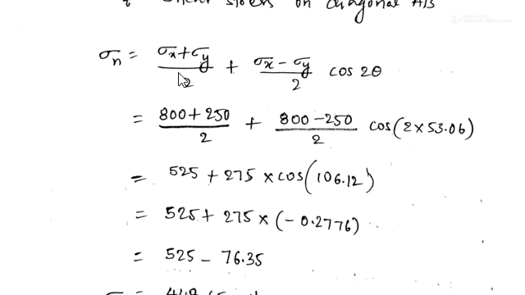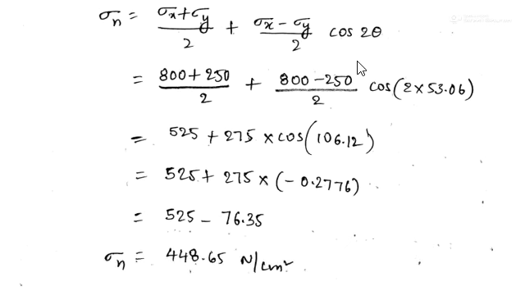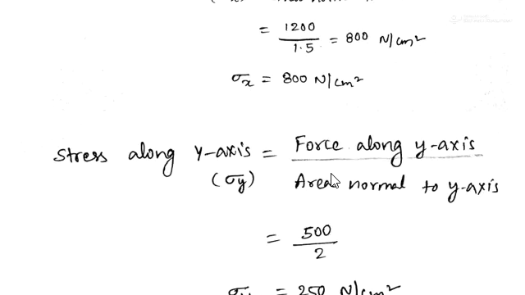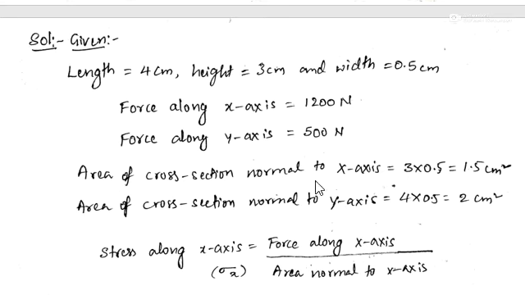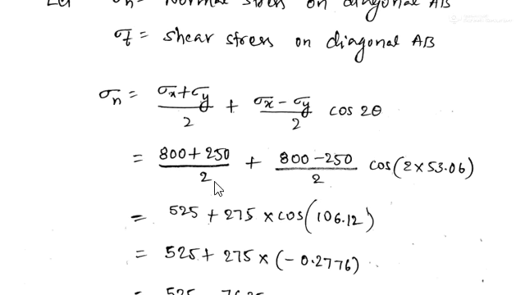Anyway, we have the sigma n formula as sigma x plus sigma y by 2 plus sigma x minus sigma y by 2 cos 2 theta. Sigma x we got stress in x direction 800, sigma y 250. The area is not required here, sigma x and sigma y are required.